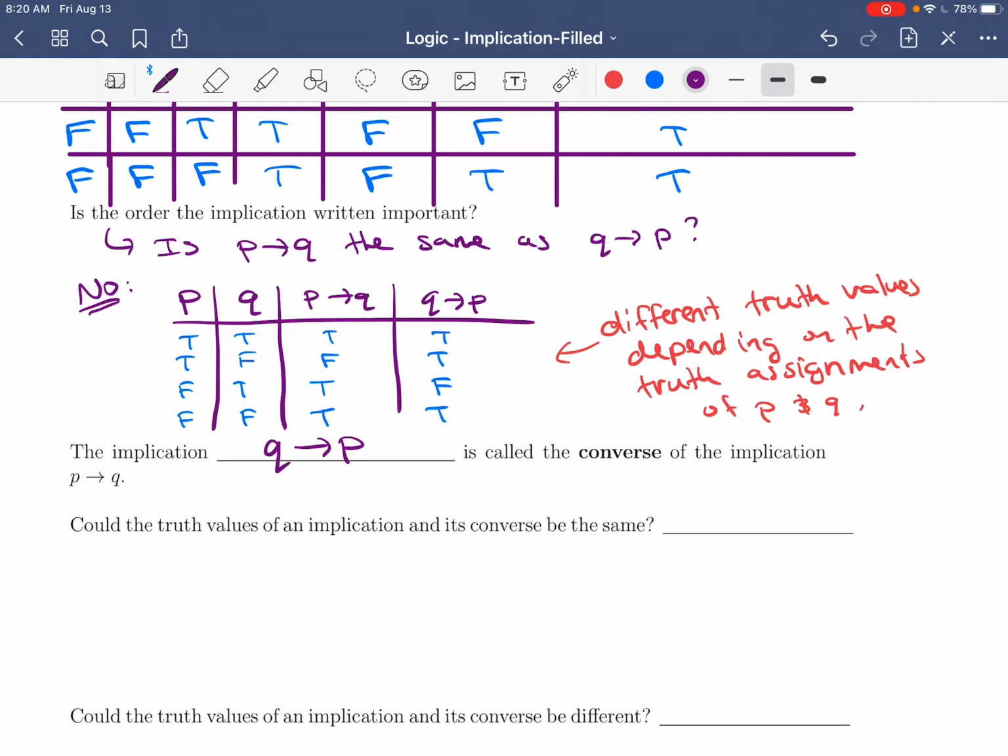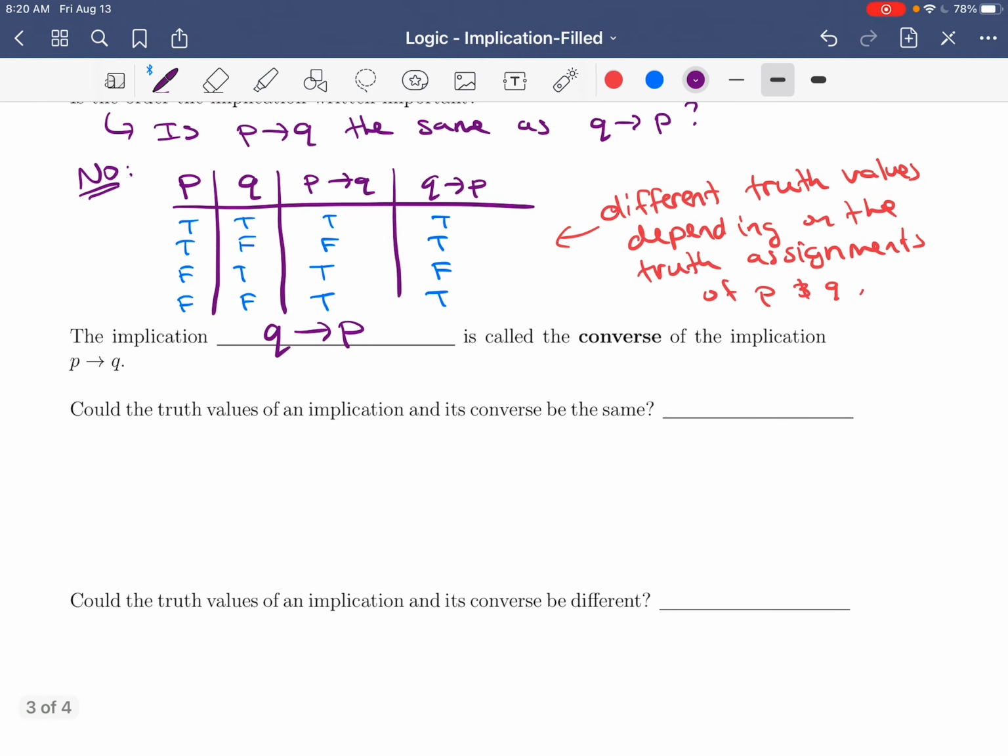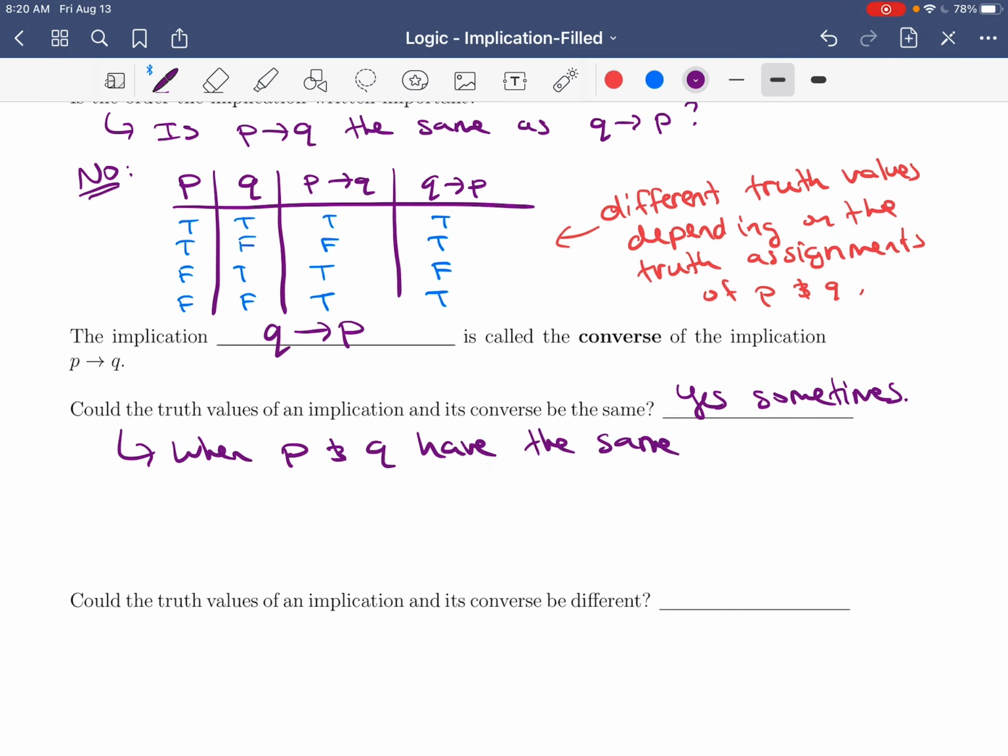So could the truth values of an implication and its converse be the same? Yeah, sometimes. Not the whole table, but some of the values. When P and Q have the same truth values, so if we look at when they're both true or when they're both false, you can see that these were the same.